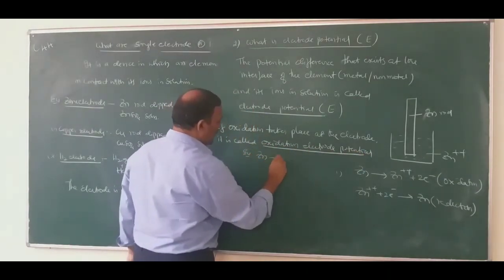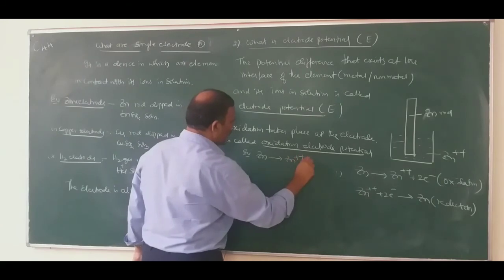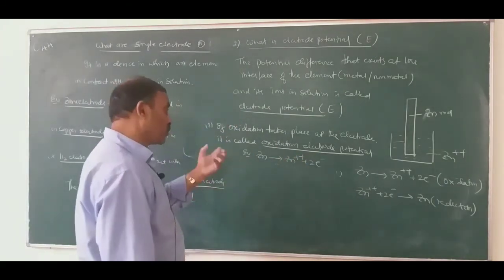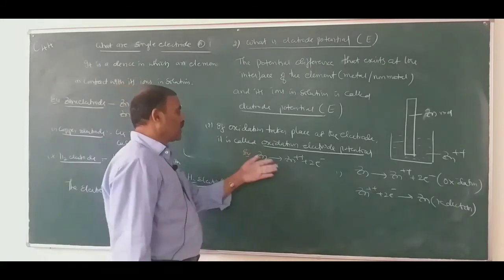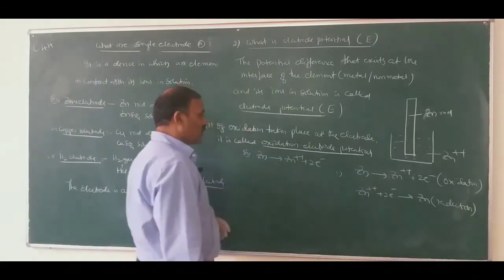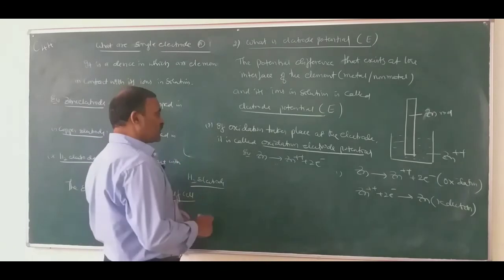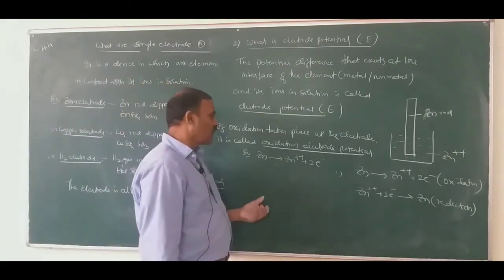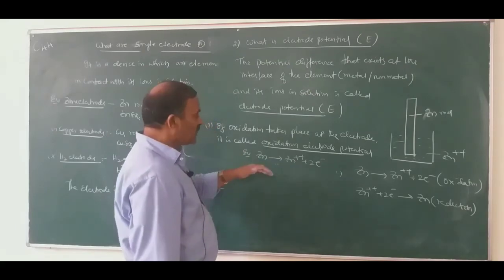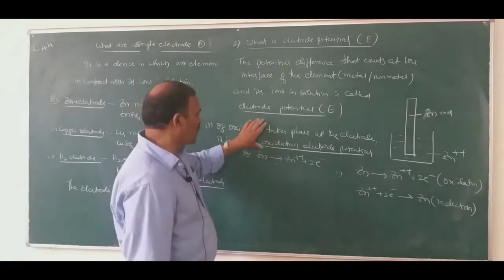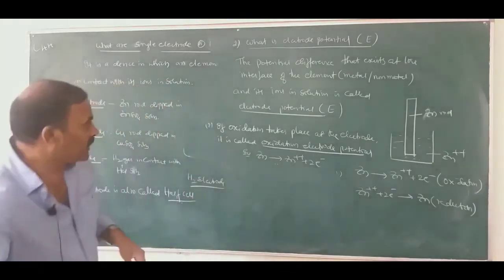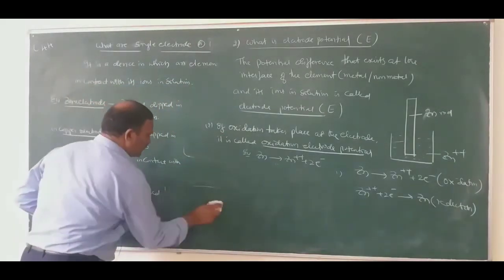Example, Zn gives Zn2+ plus 2 electrons. Two reactions are possible, oxidation or reduction. If oxidation is favorable, oxidation takes place. If reduction is favorable, reduction takes place. If oxidation takes place, the electrode potential is called oxidation electrode potential. If reduction takes place, it is called reduction electrode potential.